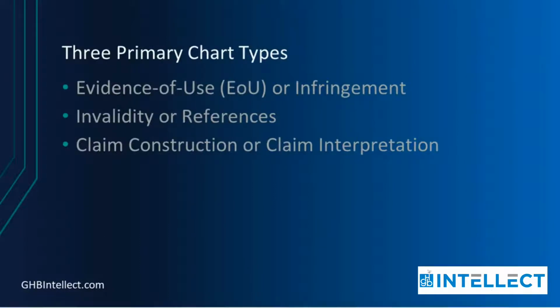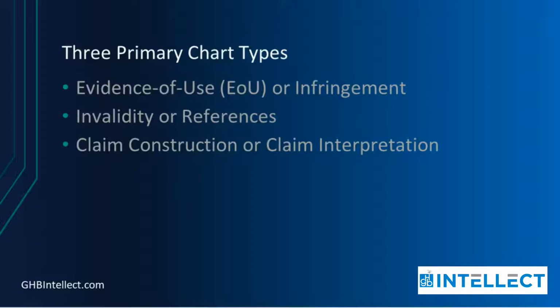Although there are many different types of claim charts, three types are most prominent. An evidence of use, or EOU, or infringement chart shows how a product or process accused of infringement contains each claim element to satisfy the all elements test for infringement and is prepared by the plaintiff or patent owner.